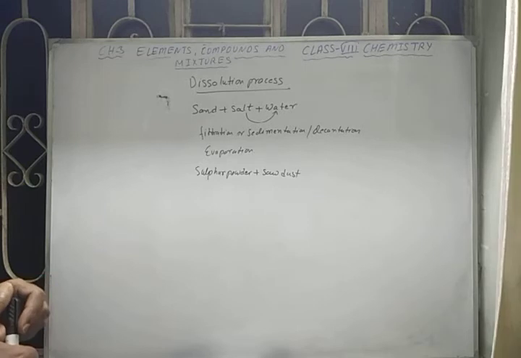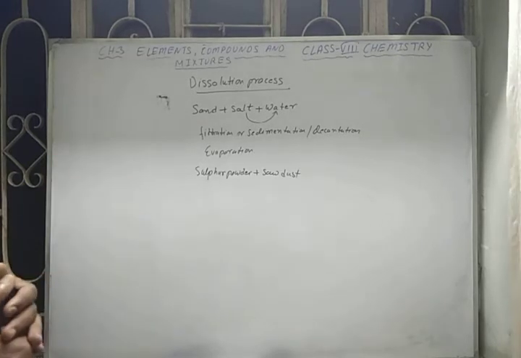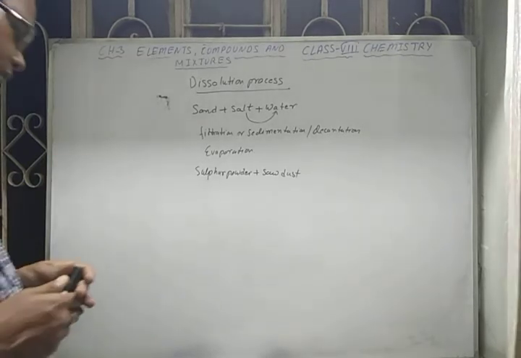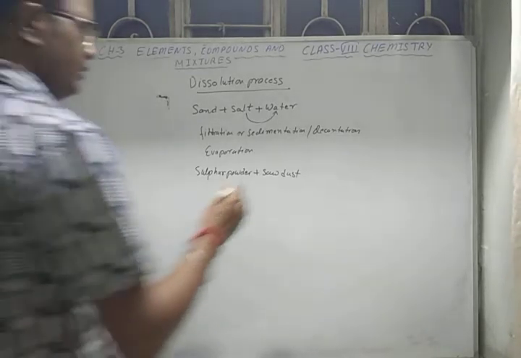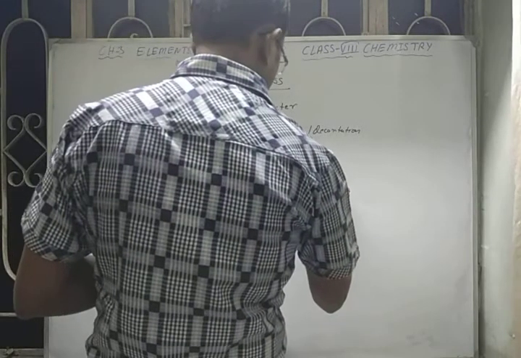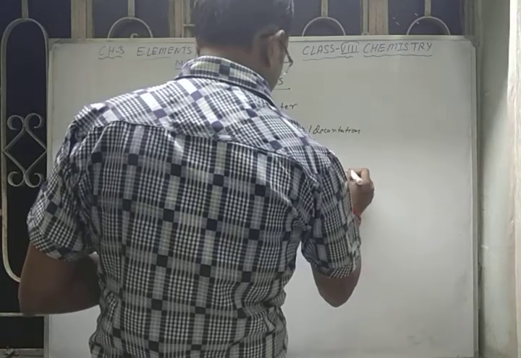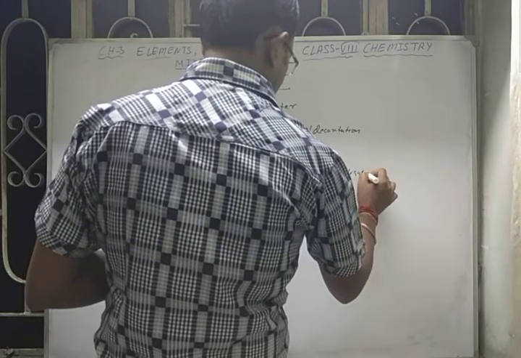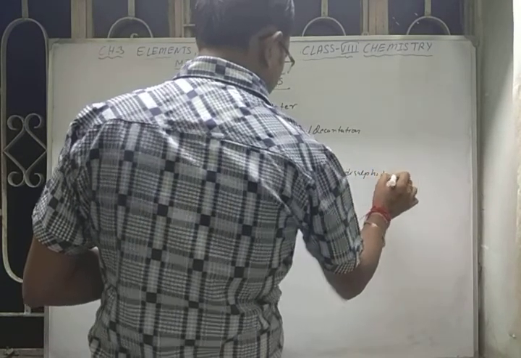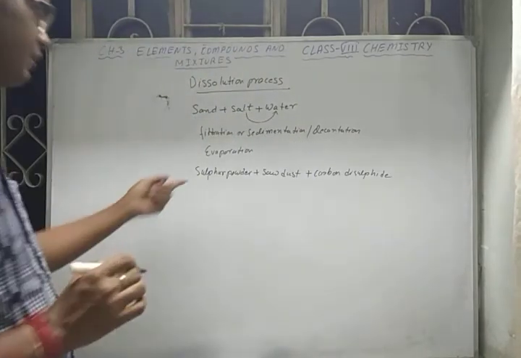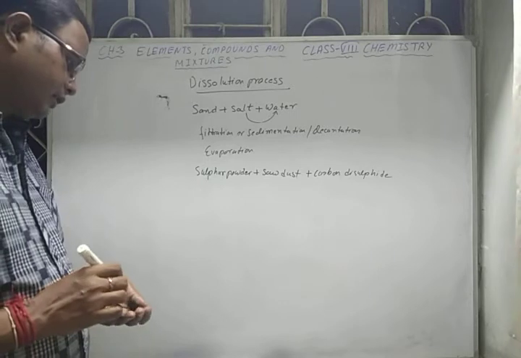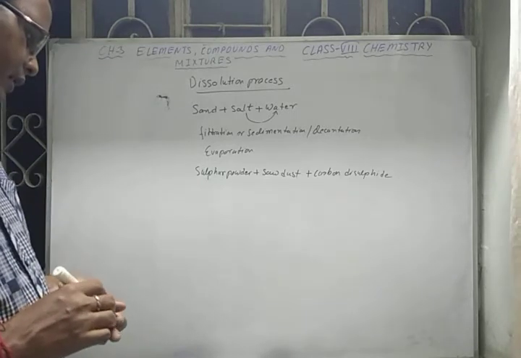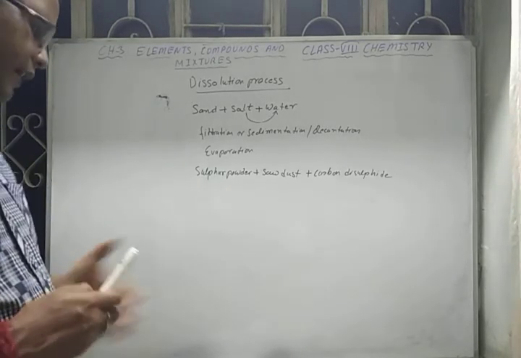To separate sulfur from the sawdust, we have to use carbon disulfide as a solvent. In carbon disulfide, the sulfur powder dissolves, leaving the sawdust behind.